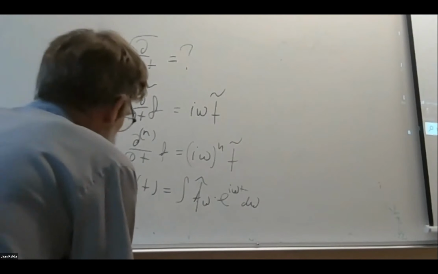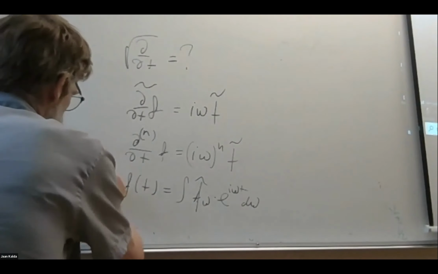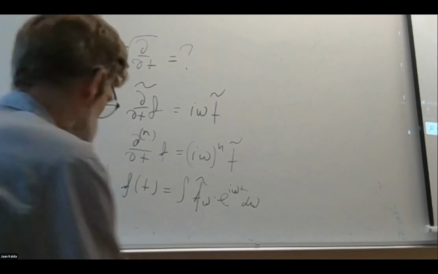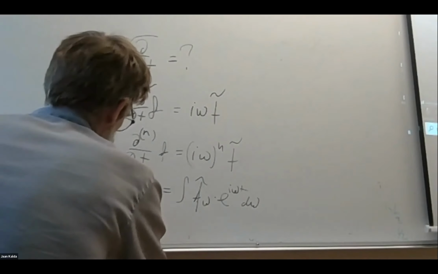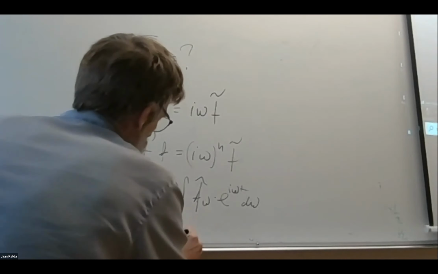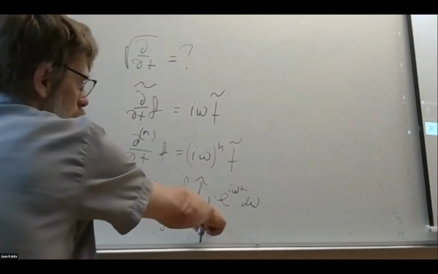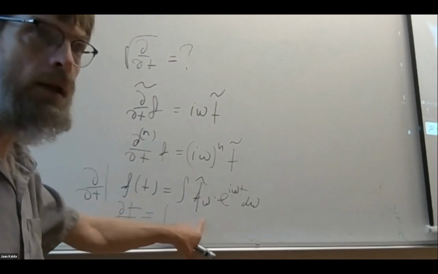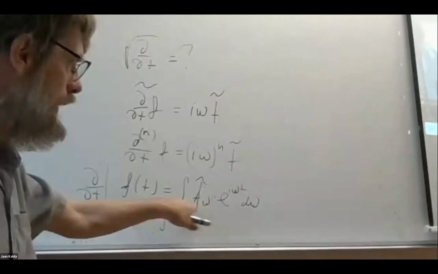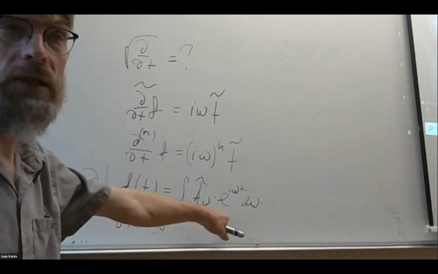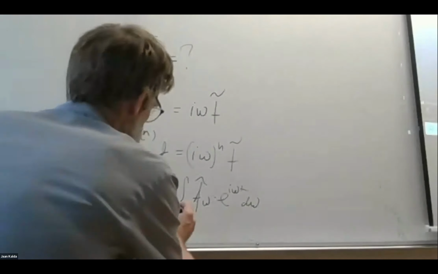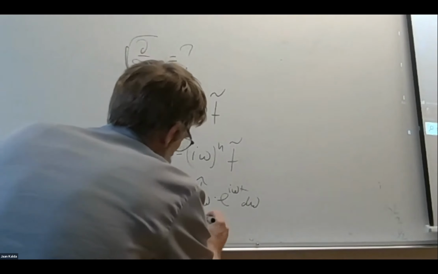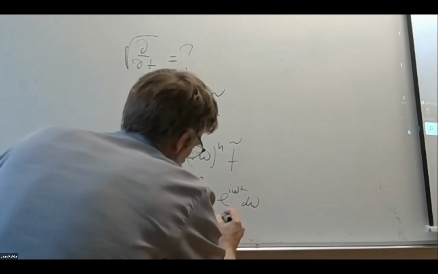And now we take the derivative from the right hand side and the left hand side. And then what happens? Here we have df over dt equals the integral. You can put the derivative sign under the integral, but f tilde is independent of t. The only thing which depends on t is this guy over here. And so you can easily see that this integral now becomes i omega multiplied by f tilde of omega e to the i omega t.